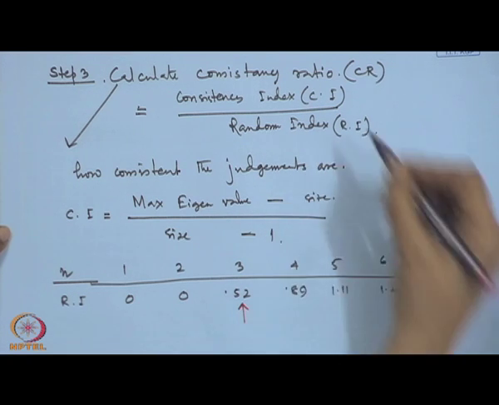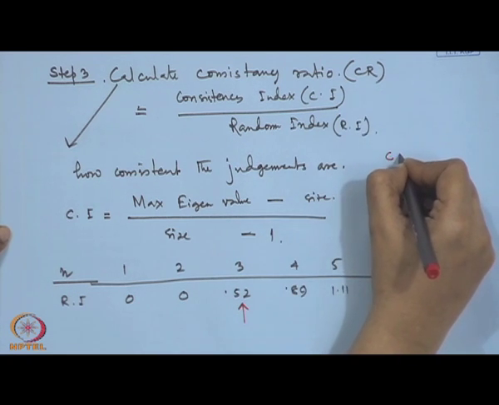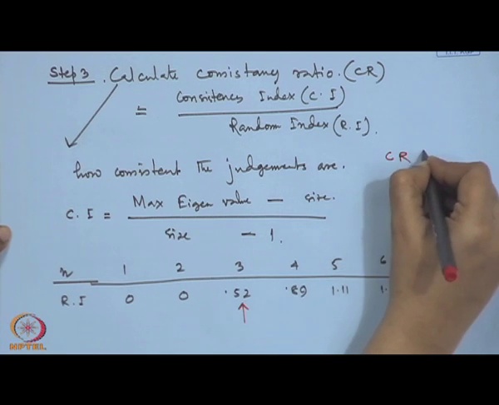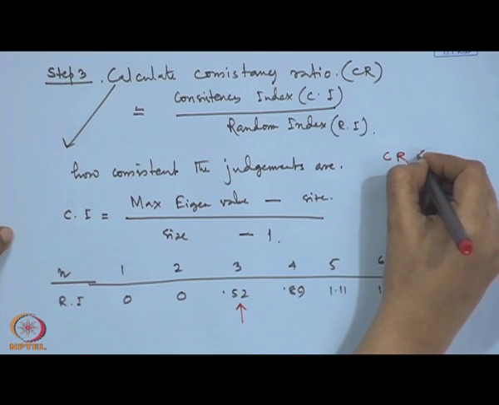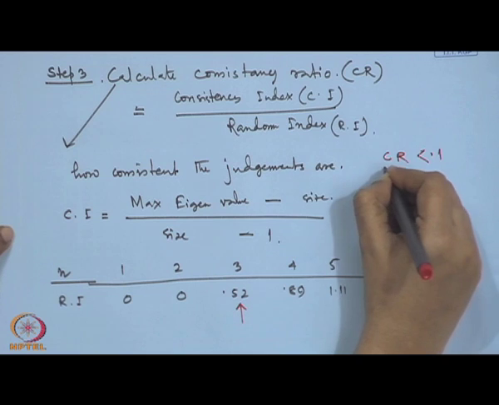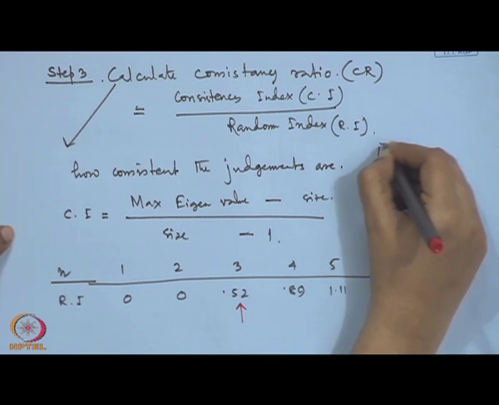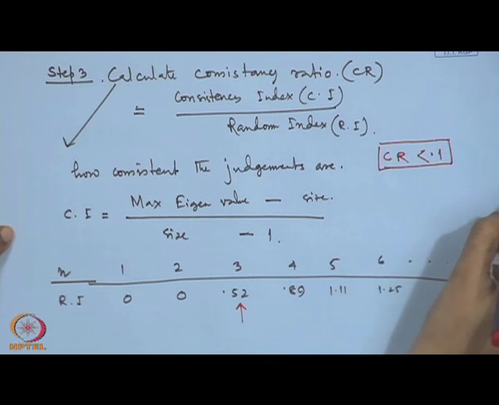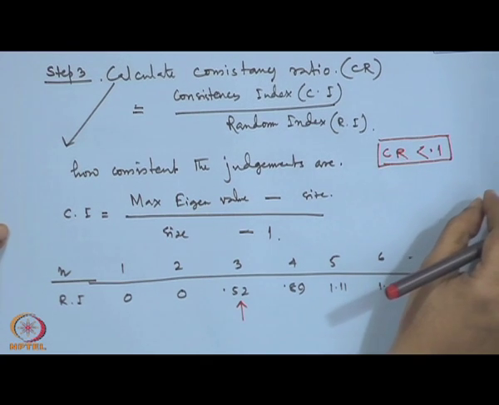Random index is 0.52. If the consistency ratio is less than 0.1, then we conclude that the judgment the decision maker has given before is consistent enough.